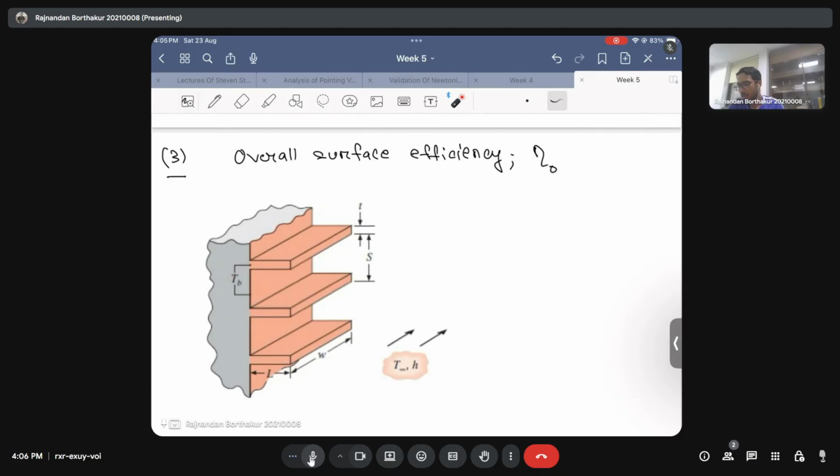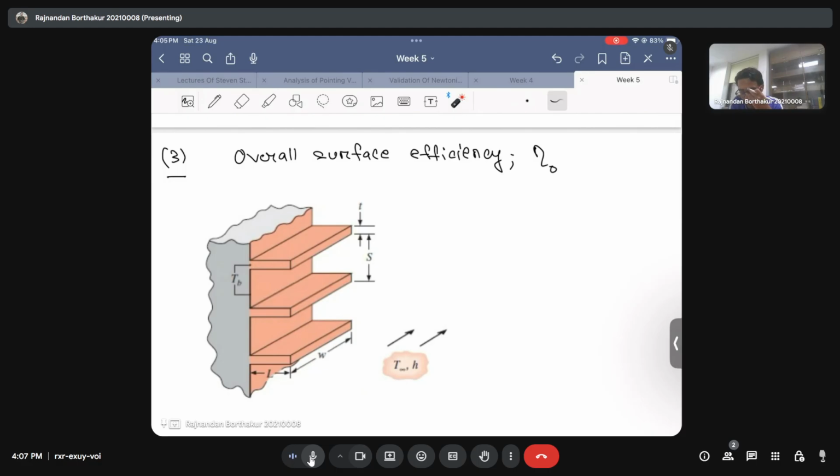I hope you can see from the figure. Usually this configuration is preferred because of the efficiency. In other words, the overall efficiency, which we are going to see, gets enhanced.